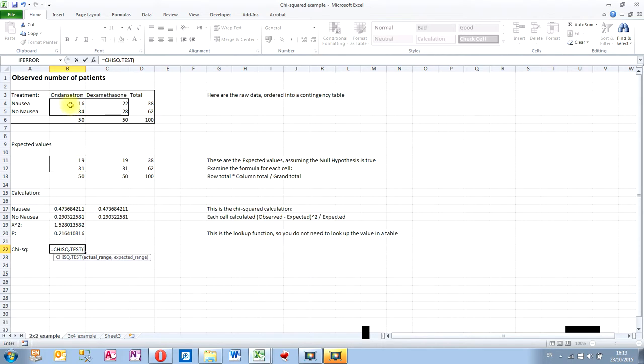And if I give it the actual range, which is what we actually found, comma, and then the expected range, Excel will work out for itself what the degrees of freedom are, and it will calculate the p-value as 0.216. So there's a slightly shorter way of working out that calculation. So this is how I use the chi-squared test for a 2x2 contingency table.